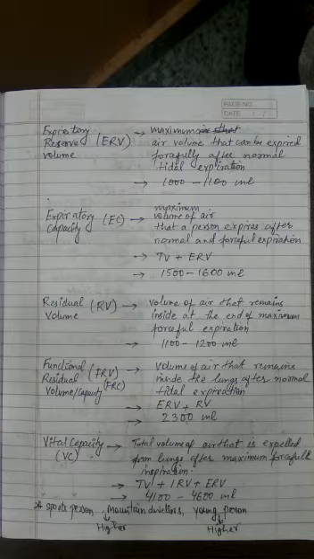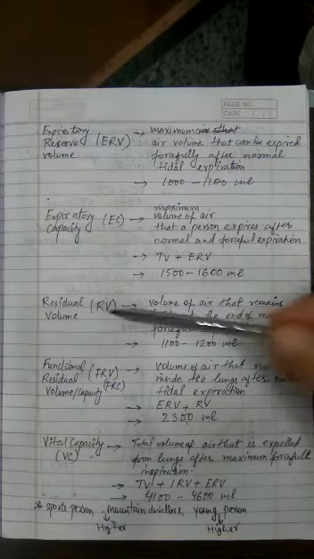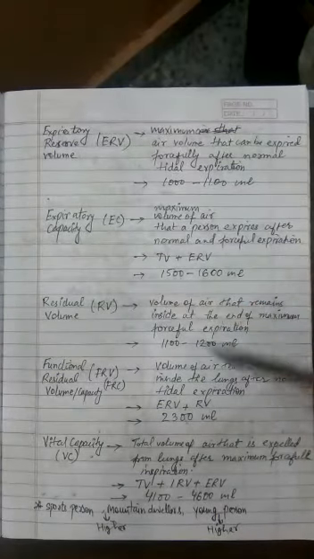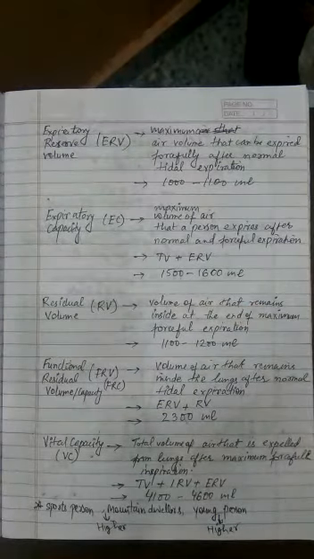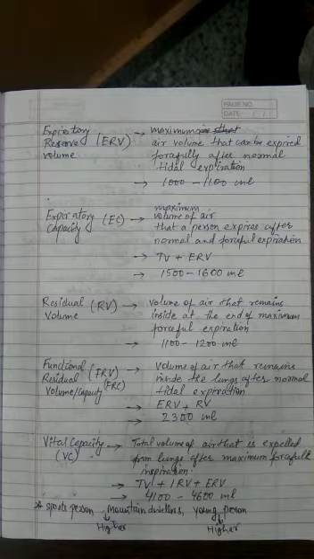Now the next one is the functional residual volume, which in some of the literatures is mentioned as the functional residual capacity. So it is different from RV. RV is supposed to be the volume which remains inside after forceful expiration.